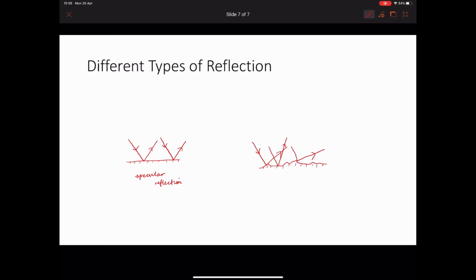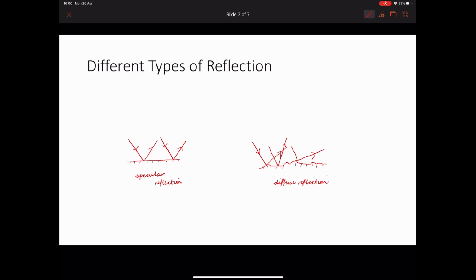In fact, that is what we call this type of reflection, diffuse reflection. This is when we have light incident on a rough surface that becomes scattered due to the unevenness of the surface itself.